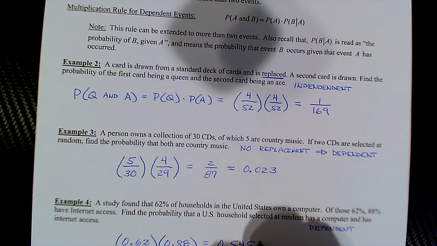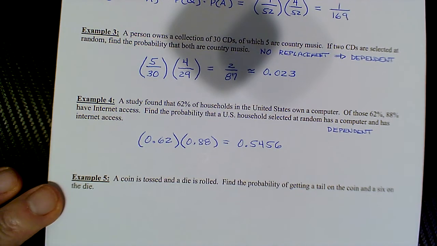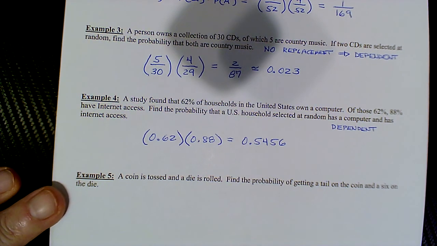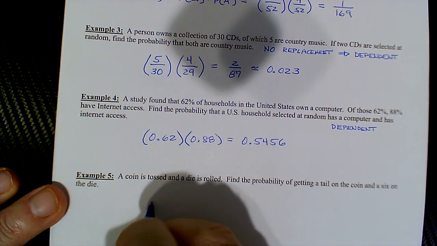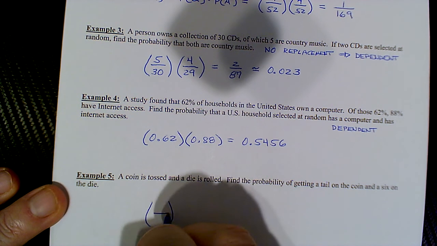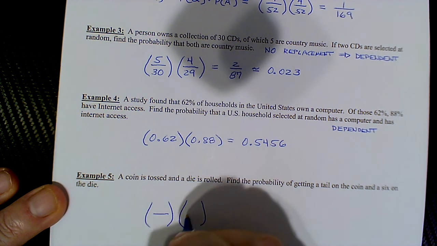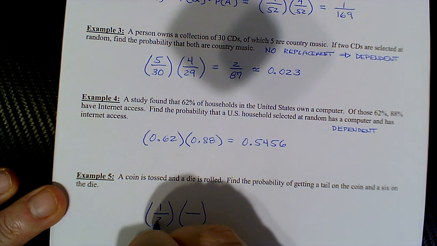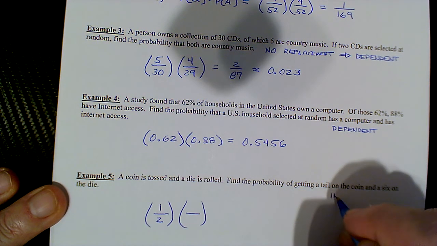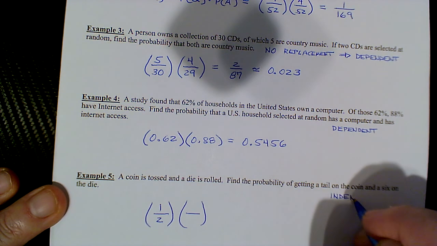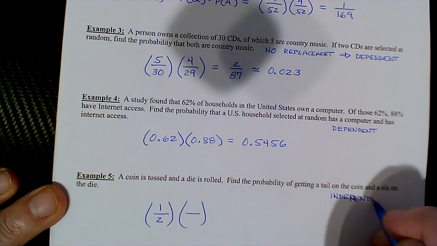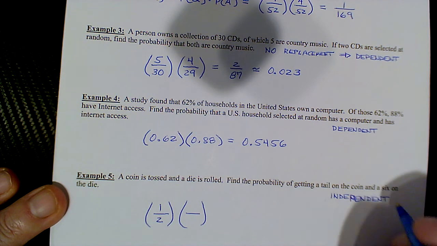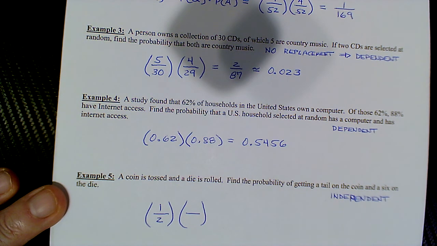5456. Okay, toss a coin, roll a die, get a tail on the coin, a 6 on the die. Again, just 2 fractions. I want a tail on the coin, 1/2, and you might note that these are independent because whatever happens on the coin doesn't influence what happens on the die.